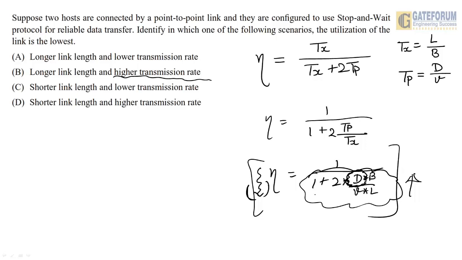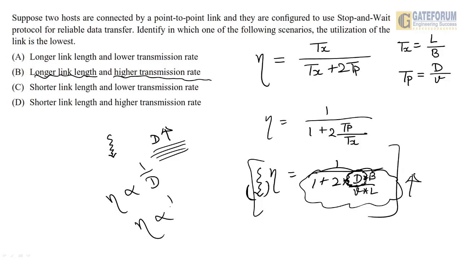Efficiency is inversely proportional to distance, which means if you want to decrease the efficiency, you need to increase the distance, so a longer link length. Efficiency is inversely proportional to distance as well as to bandwidth. We want to reduce efficiency, so we need to increase both. So we can go with option B. B is your answer. Got it?